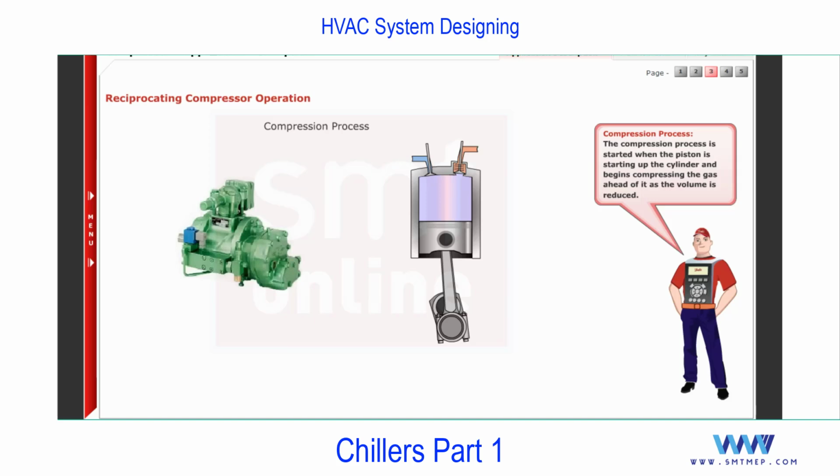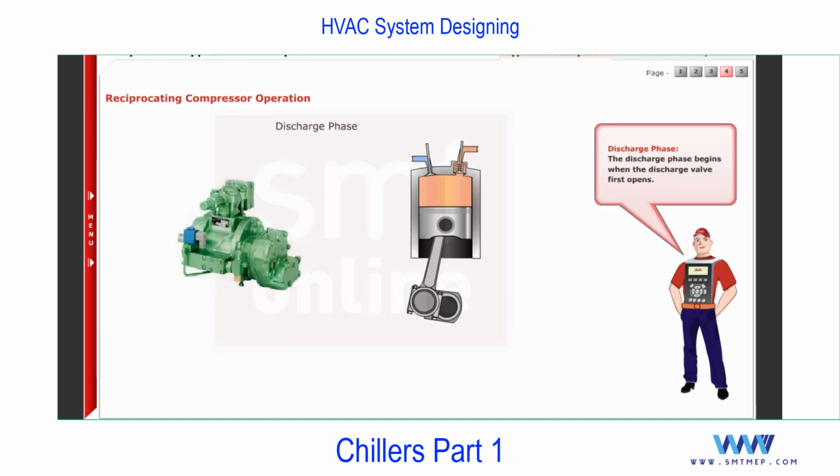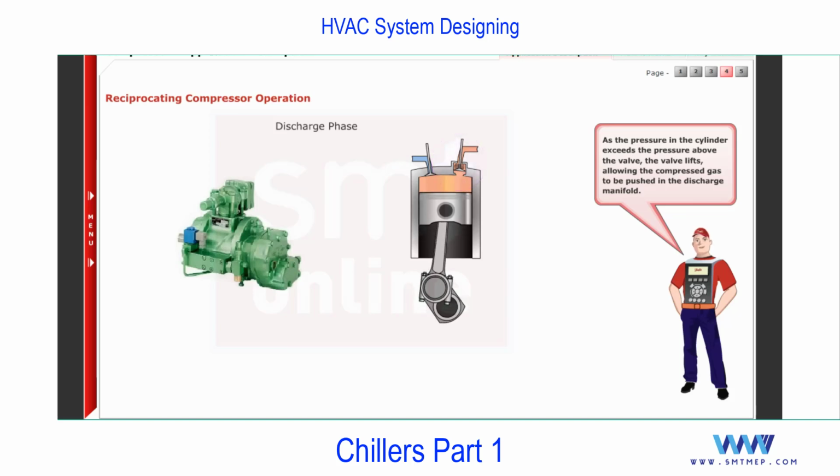Compression process. The compression process is started when the piston is starting up the cylinder and begins compressing the gas ahead of it as the volume is reduced. Discharge phase. The discharge phase begins when the discharge valve first opens. As the pressure in the cylinder exceeds the pressure above the valve, the valve lifts, allowing the compressed gas to be pushed into the discharge manifold.